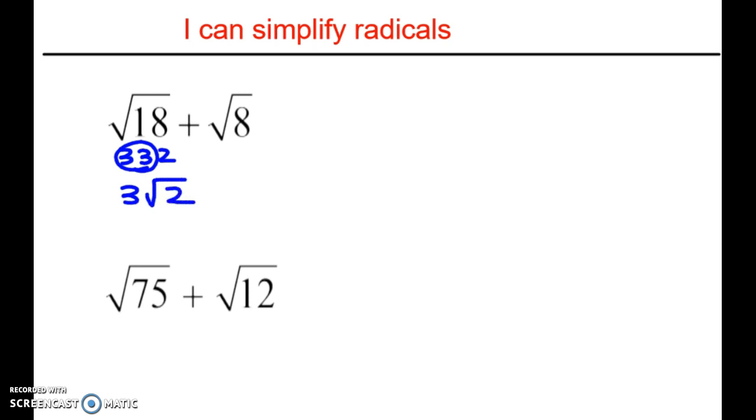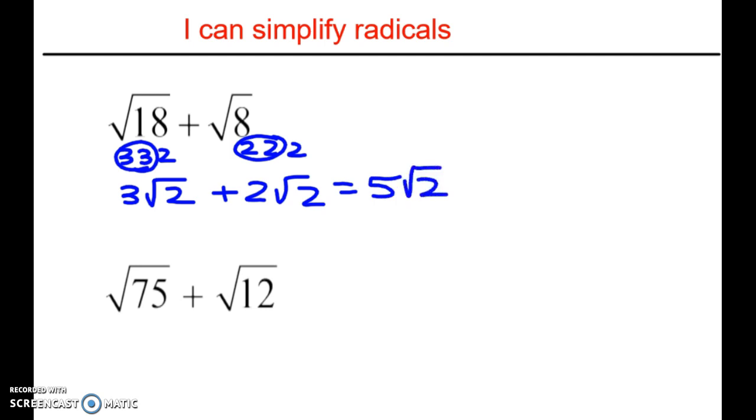Doing the exact same thing with the square root of 8, breaking down 8, I get 3 2's, a pair of 2's. So that would be 2 square roots of 2. And combining those two together gives me 5 square roots of 2.